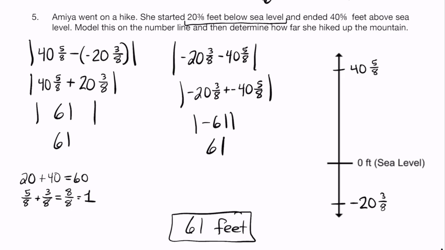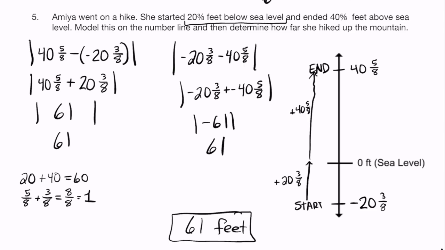Or you can just do it directly from the number line, which is basically what I did in the first version. This is my start down here. This is the end. So to get from the start to 0, we went up 20 3/8 feet. To get from 0 to the end, we go up 40 5/8 feet.